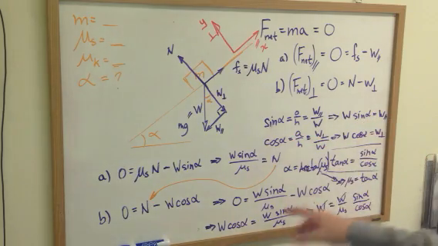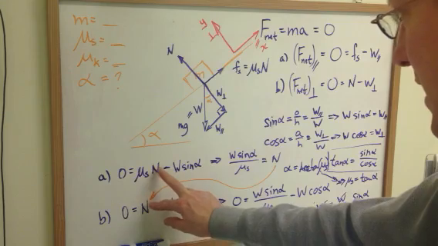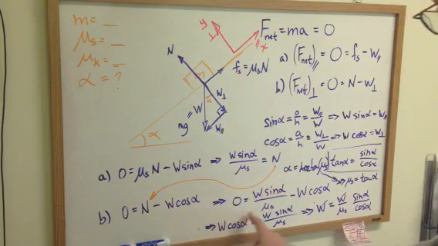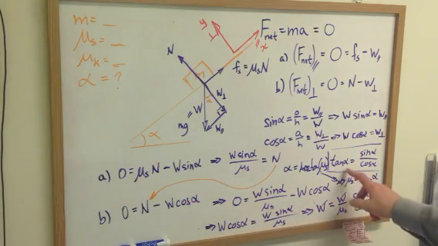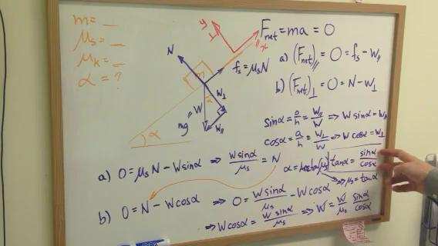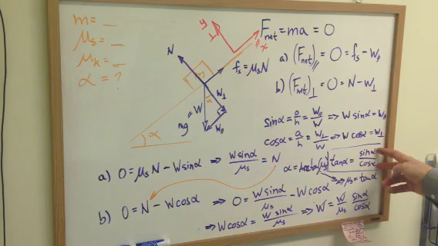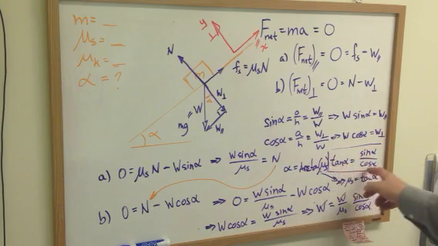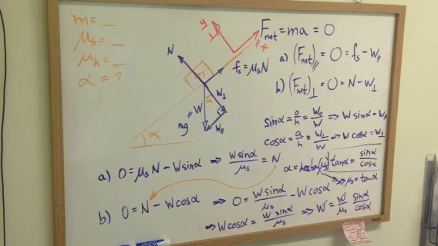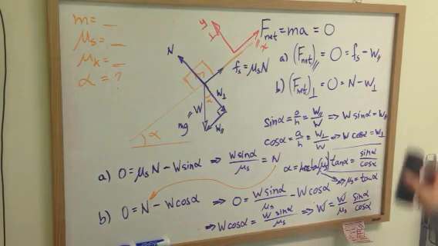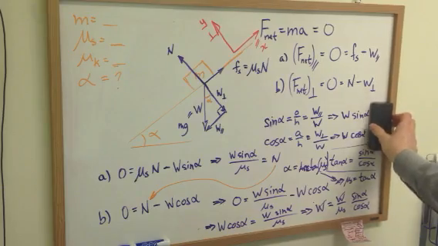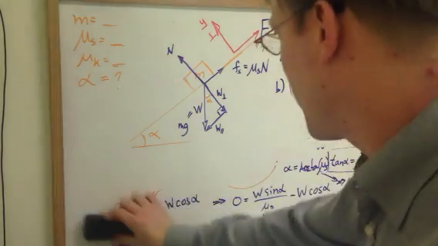We brought the two equations together by eliminating N through substitution, and we needed to know how to bring sine of an angle and cos of an angle together in one term with tangent, and then we solve for alpha. All right, now we know alpha. Let's go on to part B.